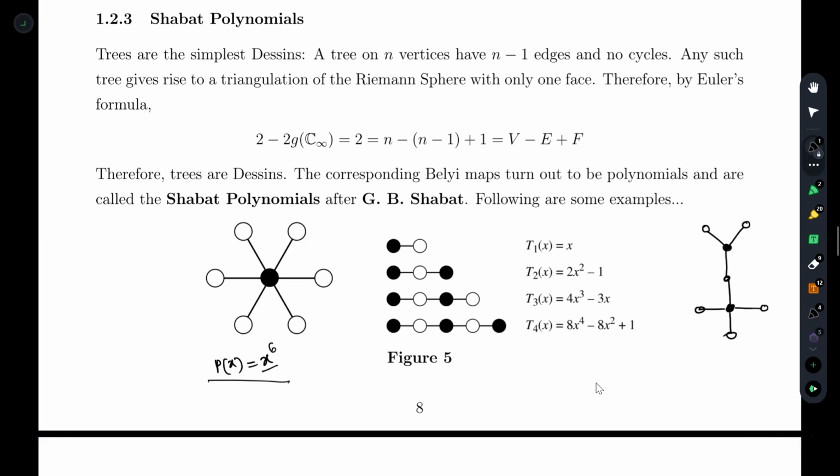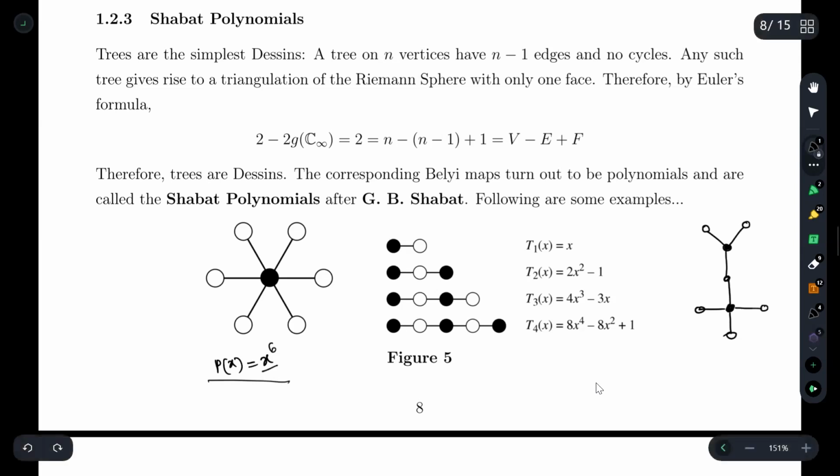I think so, but I am not sure if I can do that for any tree. Maybe there is an algorithm for writing all the Shabat polynomials corresponding to any tree, or any such graph. So the definition is that the Belyi function corresponding to any such tree is a Shabat polynomial.